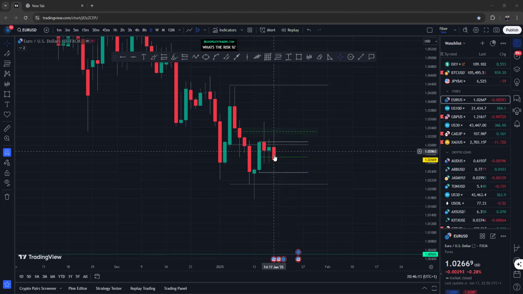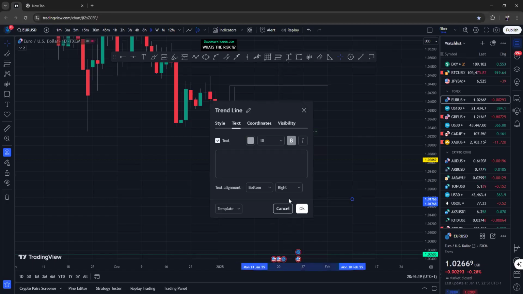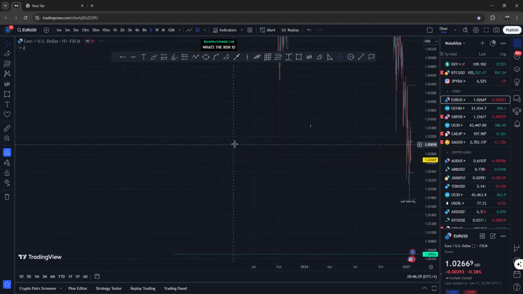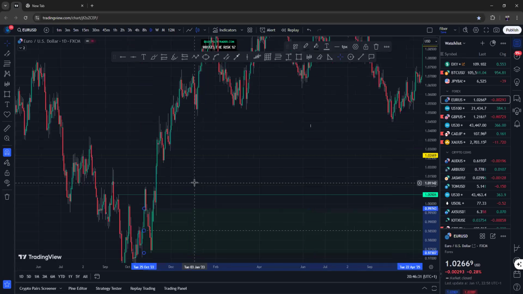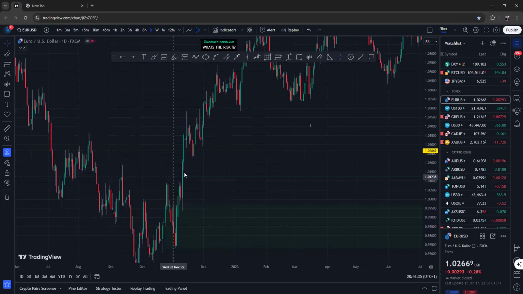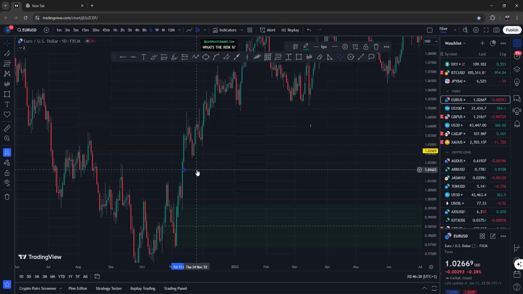So Friday closing bearish, our target will be this low. This is our first sell side liquidity. And let's see, maybe we'll have a similar thing to what we saw on the DXY. So on Euro USD, we have this fair value gap. This is a BC.